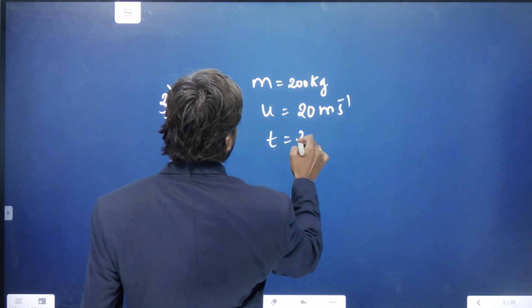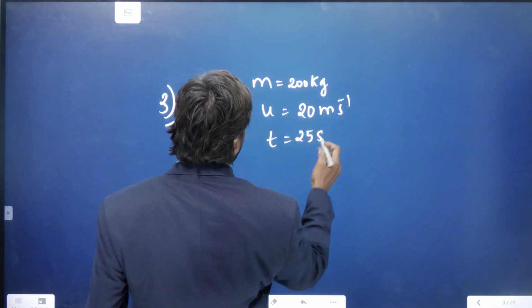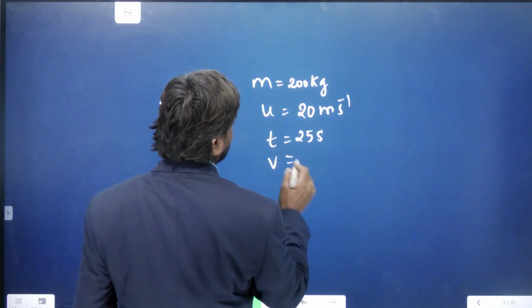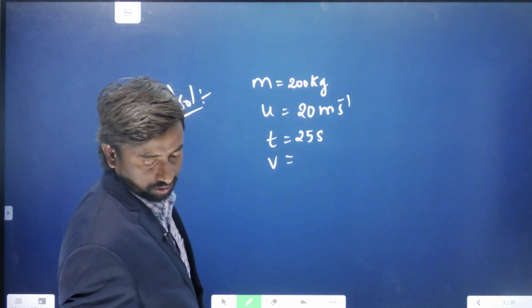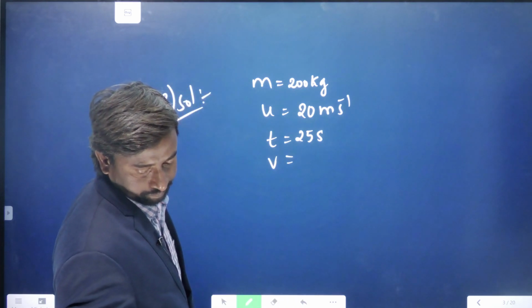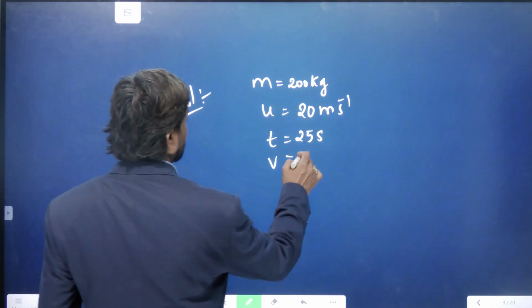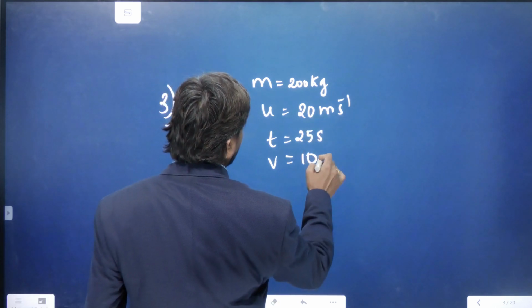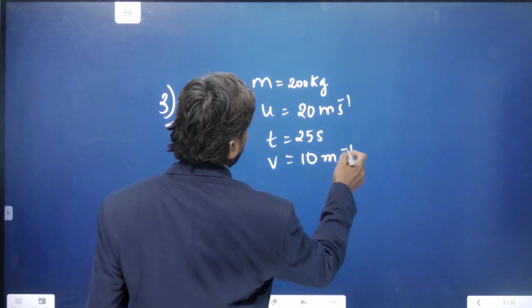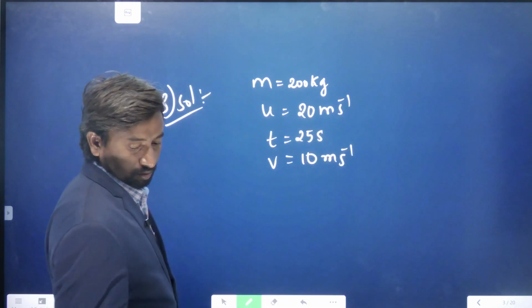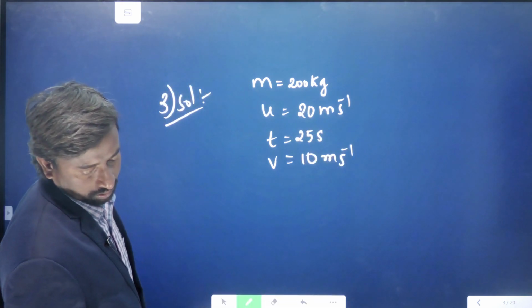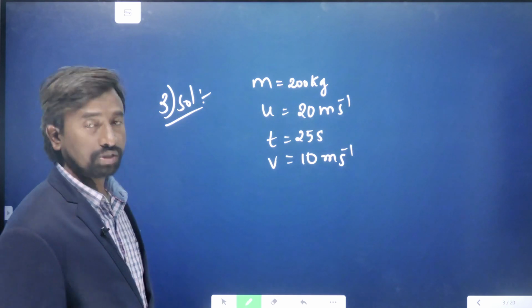After 25 seconds, it attains a velocity of 10 meter per second. Since it decreased from 20 to 10, the body is moving with deceleration. They are asking, what is the change in momentum?